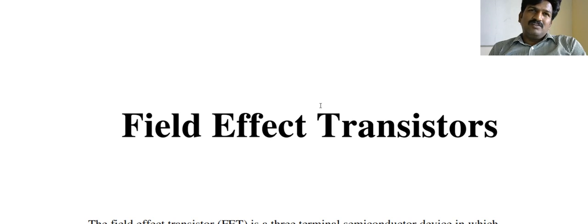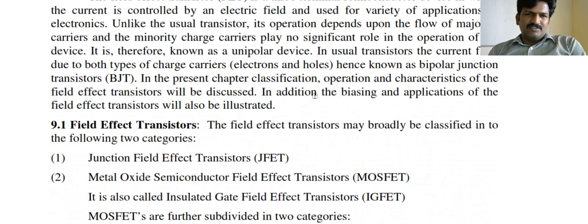There, you should observe that the collector current is affected by the base current of the transistor. But in the field effect transistor, the drain current is affected by the gate to source voltage. Now we have to learn some more details regarding this field effect transistor.